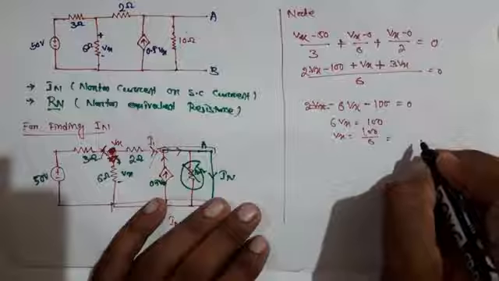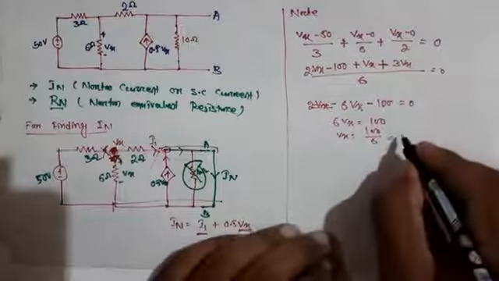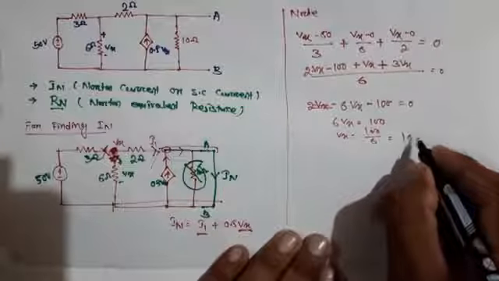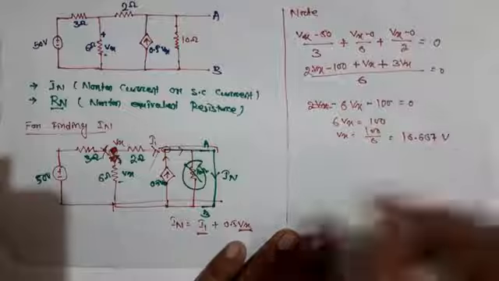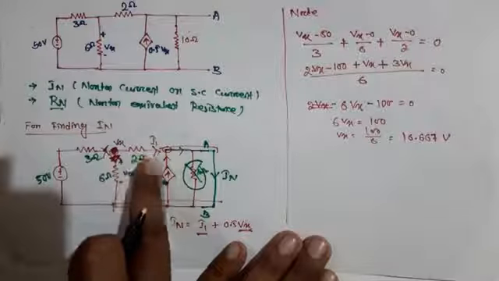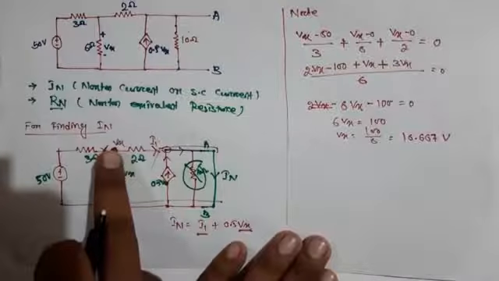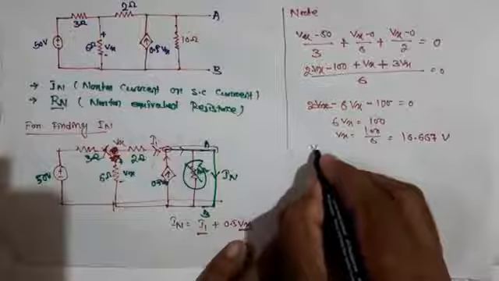This is 16.667 volt. When we find Vx, we need to find I1.